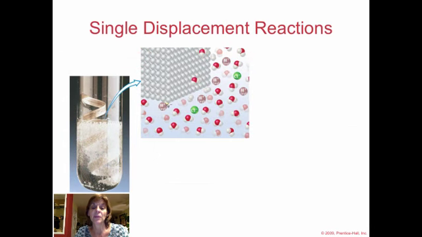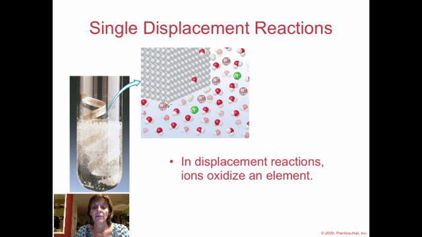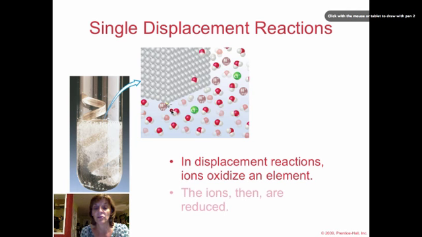Okay, single displacement reactions are examples of redox because the ions oxidize some element. So in this particular reaction, it appears we've got magnesium metal probably in an acid. The magnesium metal is going to give away electrons to probably the hydrogen in the acid, which then produces hydrogen gas and leaves magnesium ions in solution.